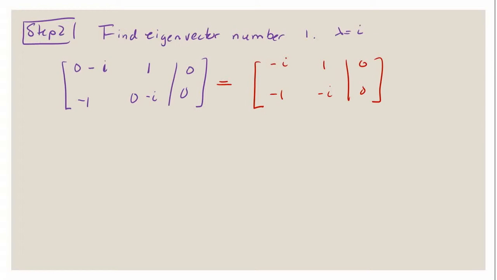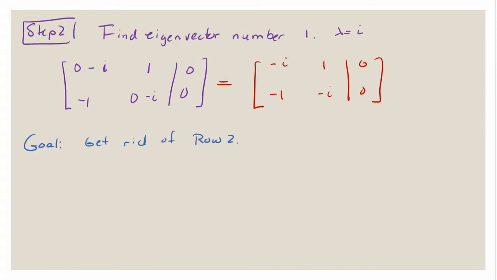When we do this, we get minus i, 1, 0 and minus 1, minus i, 0. You'll notice that I'm going to be very careful, for two reasons. The work with the complex eigenvalues is a little more complicated, and I make a lot of mistakes, so I have to be very careful when things get more complicated.